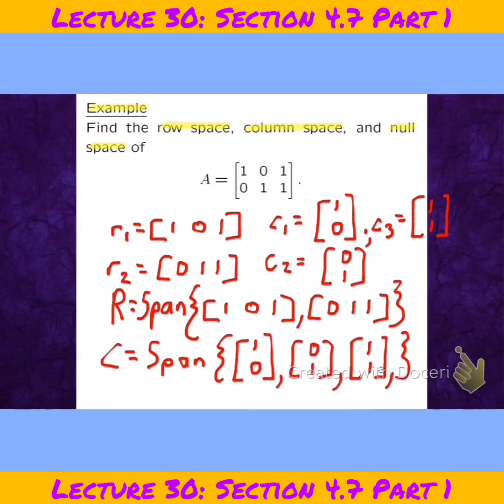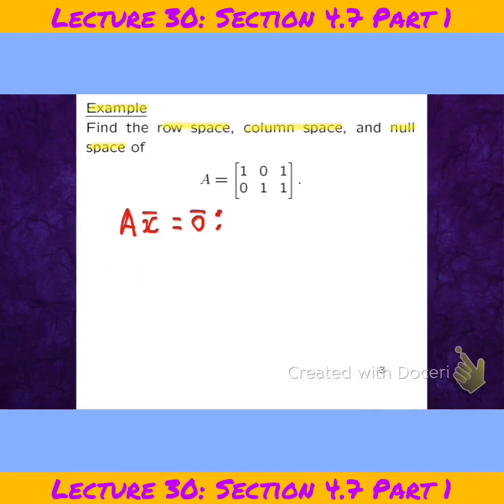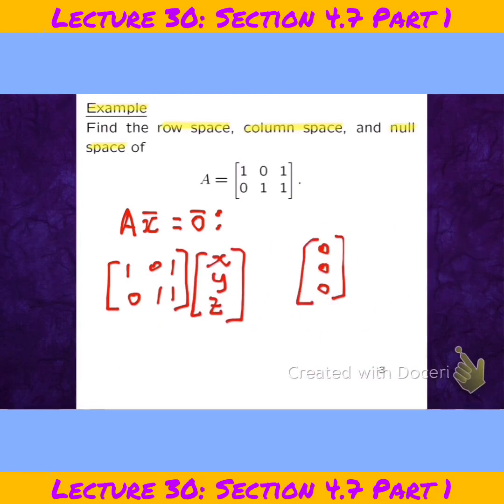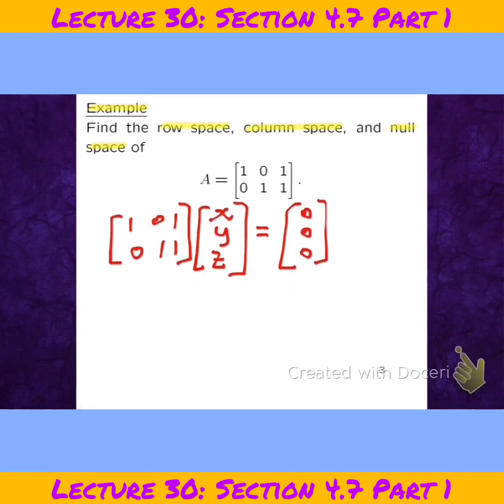So what is the null space? We need to find the solution to that linear system. So we take the matrix A, and we've got our variables. It's a 3x1 matrix. There's our 0 matrix, and from there we're given our two equations.